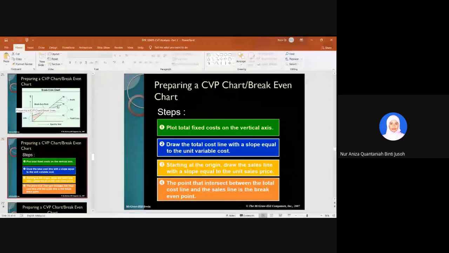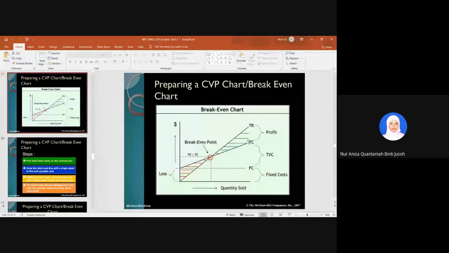And then color or name the areas under each line or in between the lines. What does that area mean?